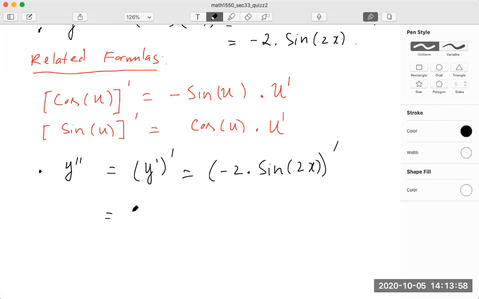Therefore, we can take the constant out. Just step by step. And now, this is the derivative of a sine function of u, where u in this case is 2x. So what do we have?